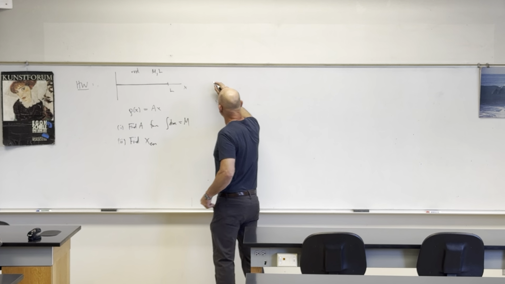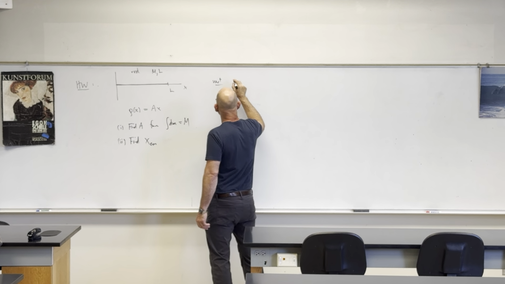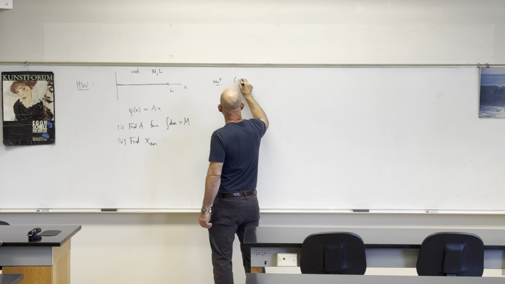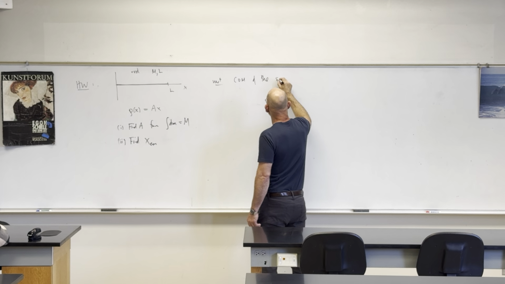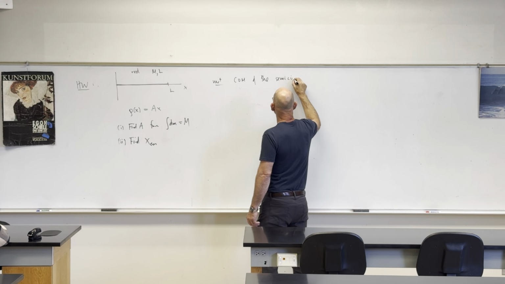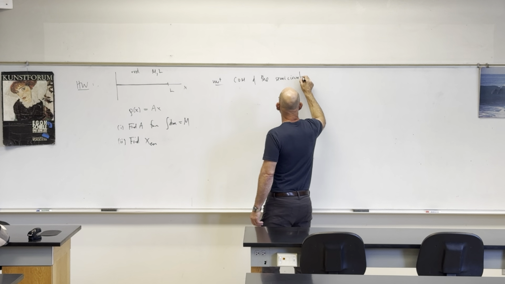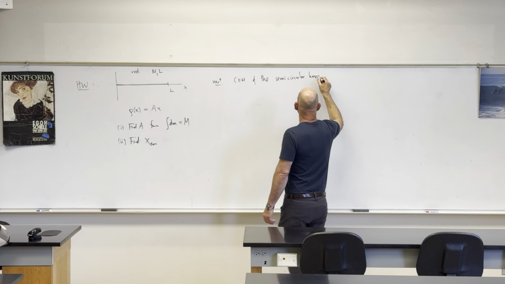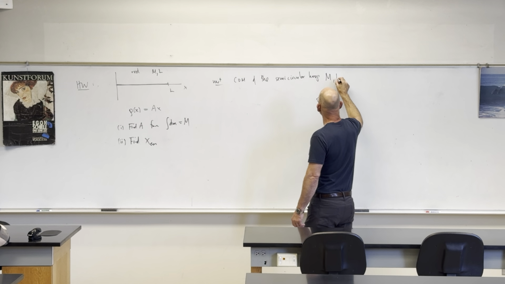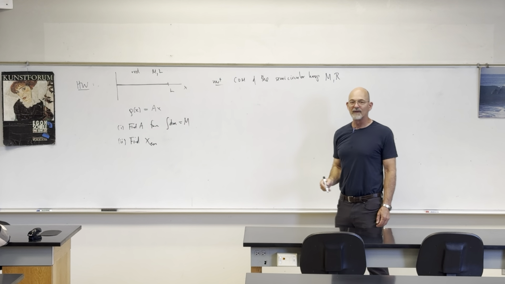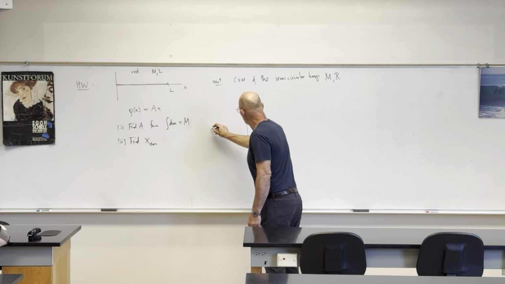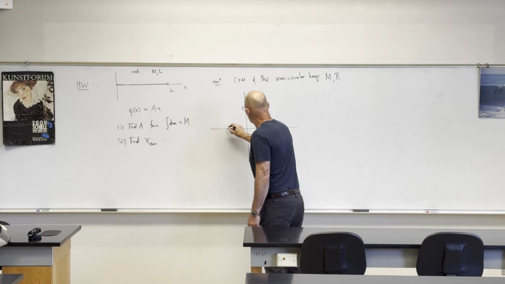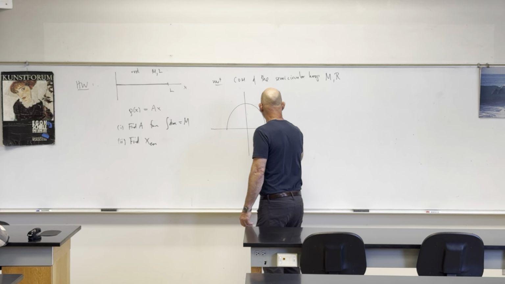So next, the center of mass of the semicircular hoop, with mass M and radius R. Now we'll put this thing here in this coordinate system.